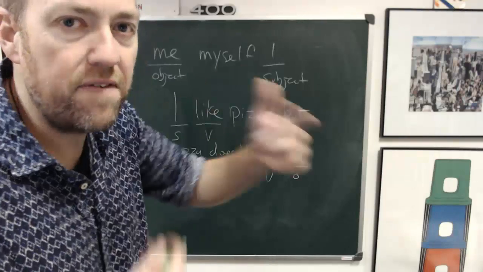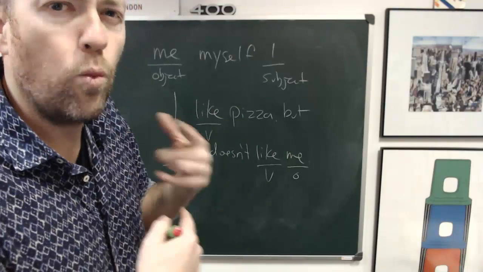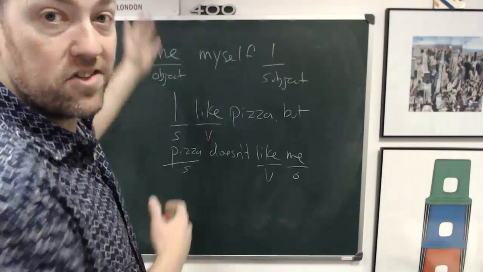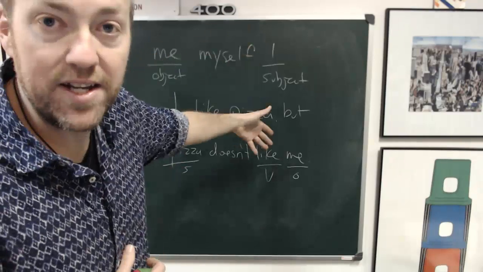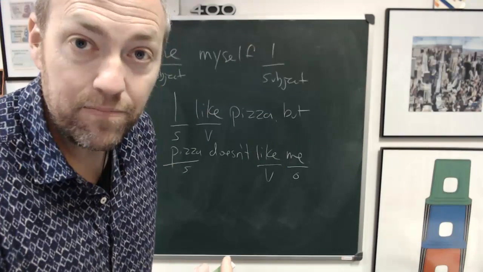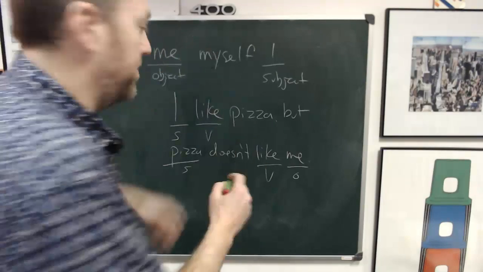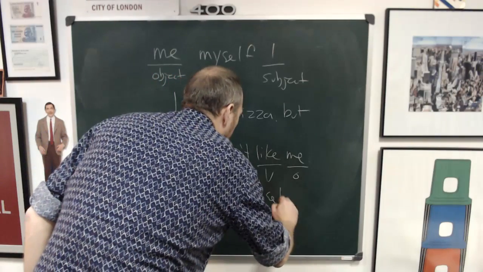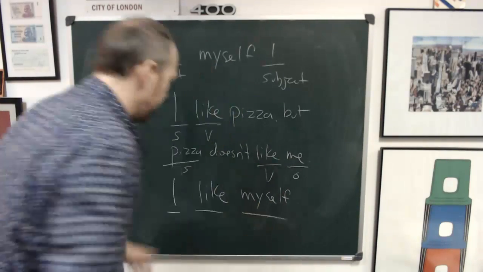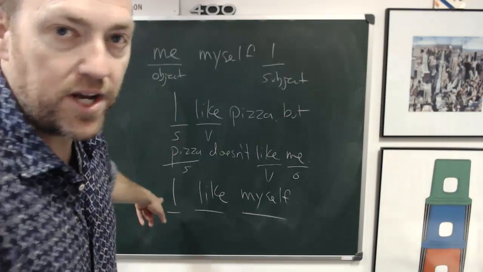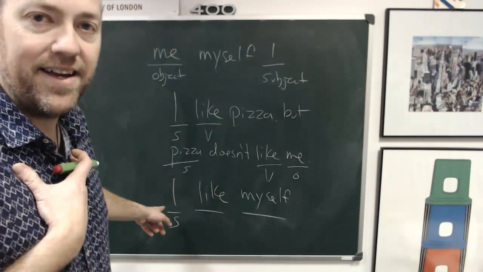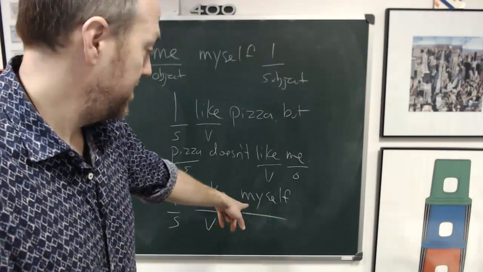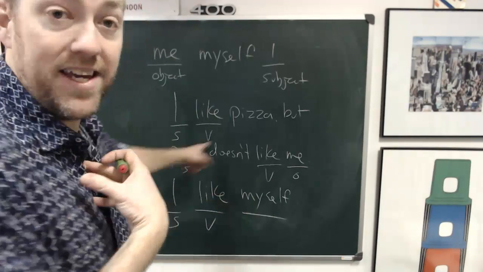Myself is reflexive. What does reflexive mean? Reflexive means that if the subject and the object are the same thing, then we use this. For example, look, we have the subject, I, and the verb like, and the object is, you see, it's the same.